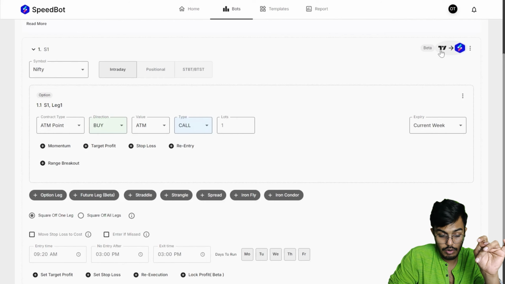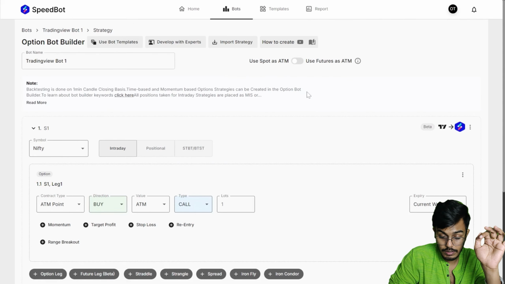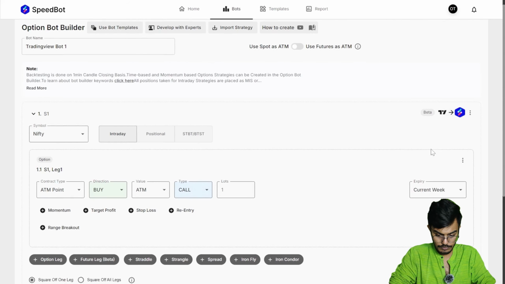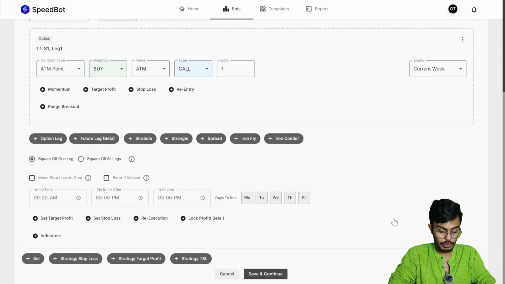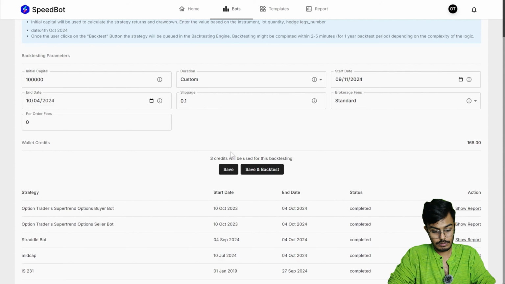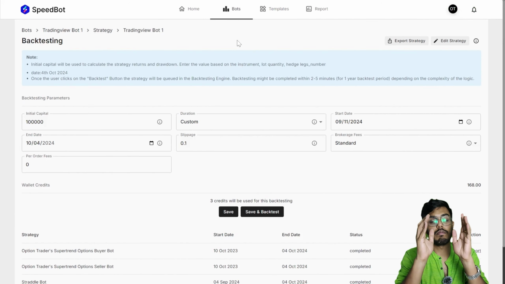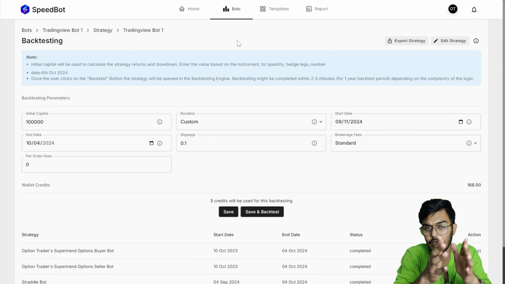That is, I have now linked this particular bot with my TradingView strategy. I'll be able to see both the logos over here. So once again, I need to click on save and continue. Once I click on save, this particular bot is ready to be configured.